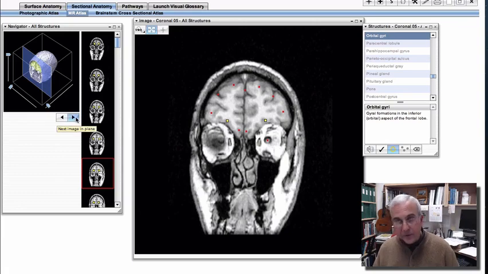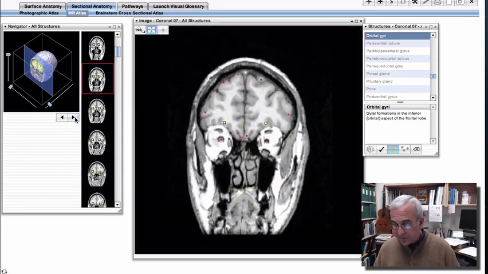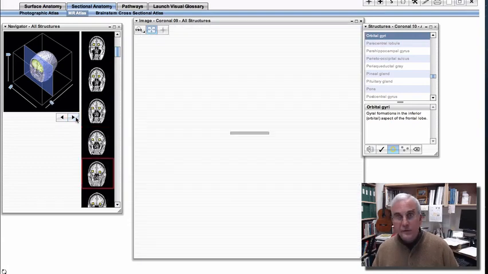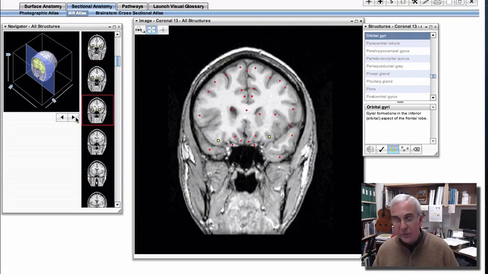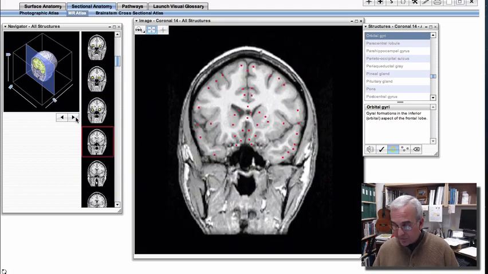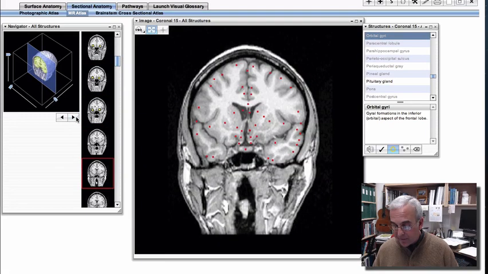So what I would invite you to do if you have Sylvius, is to section through the brain. And since this is a MR study of a human brain, we have a much greater density of images, and I think that will be of benefit to you. And I hope you can recognize in this T1 weighted image many of the structures that we saw in the lab in a fresh human brain and also in Sylvius.